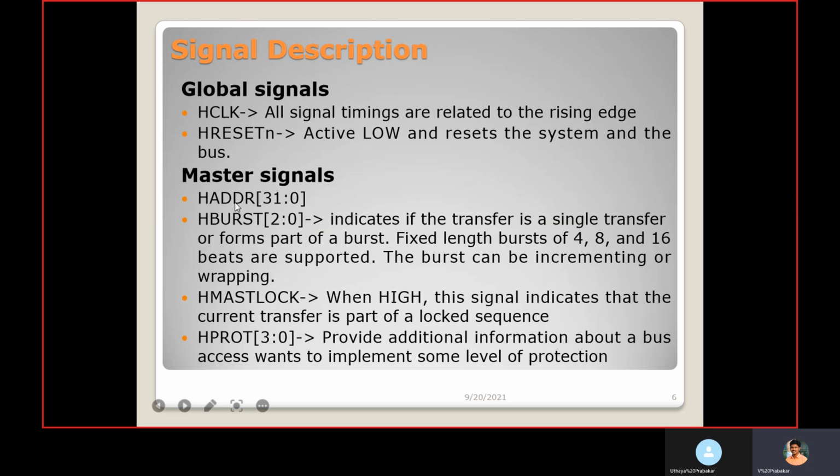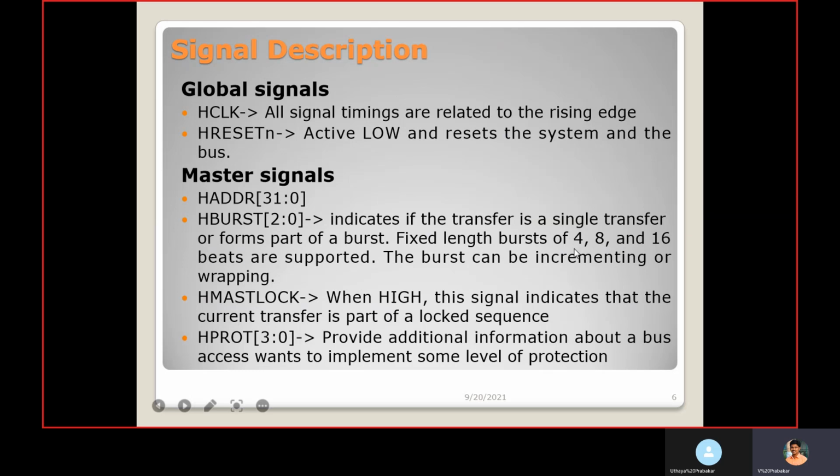Master signals are HADDR, which is 32 bits. Then HBURST, which is 3 bits, indicates if the transfer is a single transfer or forms part of a burst. Fixed length bursts of 4, 8 and 16 beats are supported.